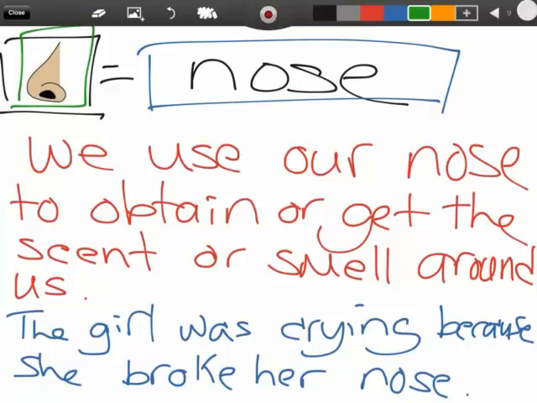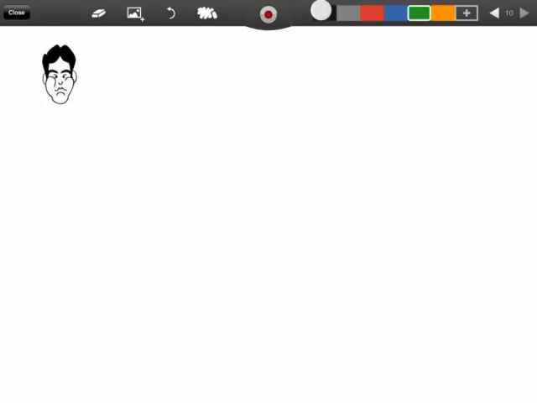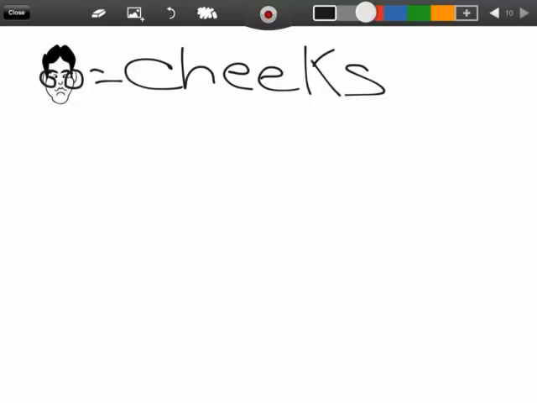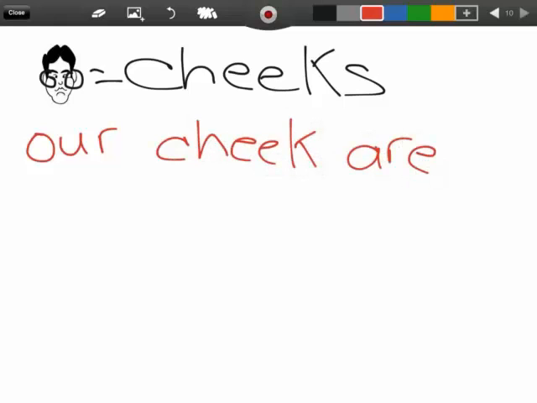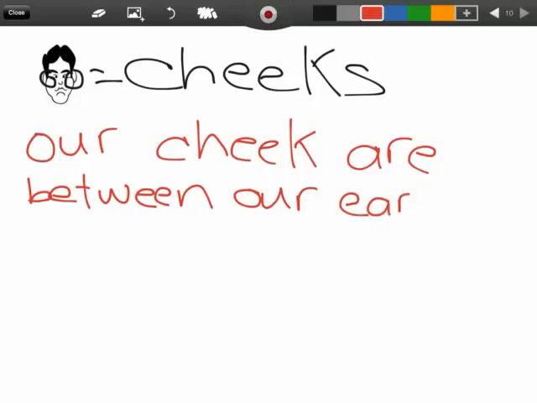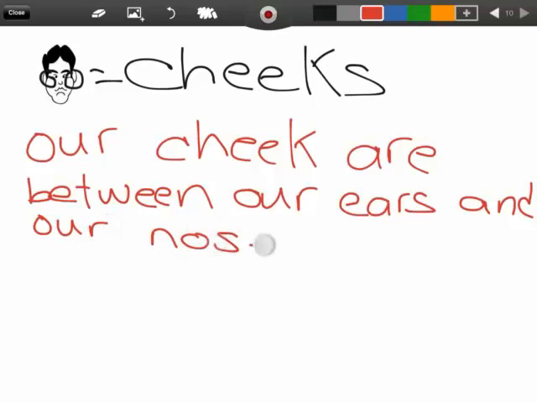Now, moving on to my last body part that is on my face, which is cheeks. I'm going to go ahead and circle these. It's called cheeks. Cheeks. And our cheeks are between our ears and our nose. So this is as shown in the picture.